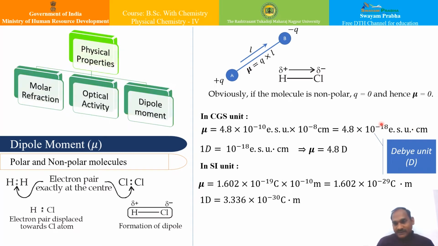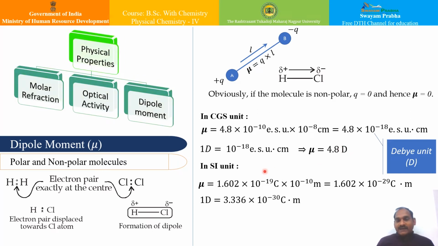So this quantity of 10 to the power minus 18 is called a Debye unit, and it is denoted by D. And therefore 1 D is equal to 10 to the power minus 18 ESU centimeter. Okay, so in such case, in CGS unit, the dipole moment will be given by 4.8 D. Got the point?